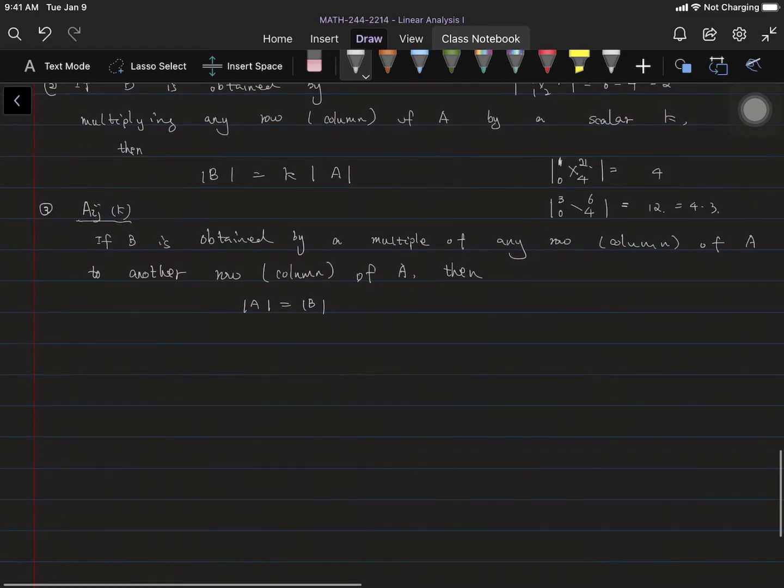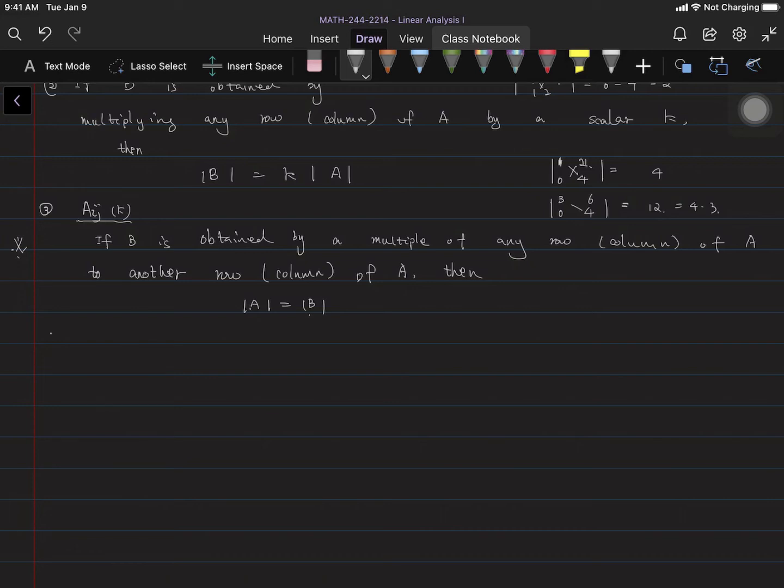Okay, and we use this pretty often. In the future, when we have a larger matrix, we use this row operation to change the matrix, and because the determinants are the same, we still get the same determinant. I will show you later in the example.